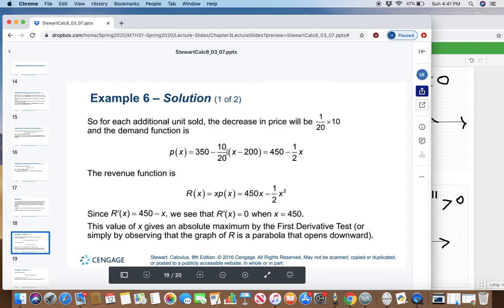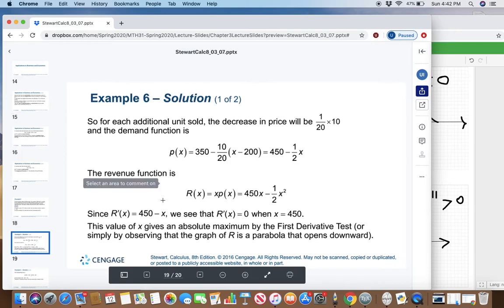Simplifying, this 10 over 20 is nothing but half. So minus half x is this guy, and half of 200 is 100, added to it, 450. Do you understand why add? Minus and a minus is a plus. Anyhow, when you simplify this, you should get this. Okay, this is price per unit.